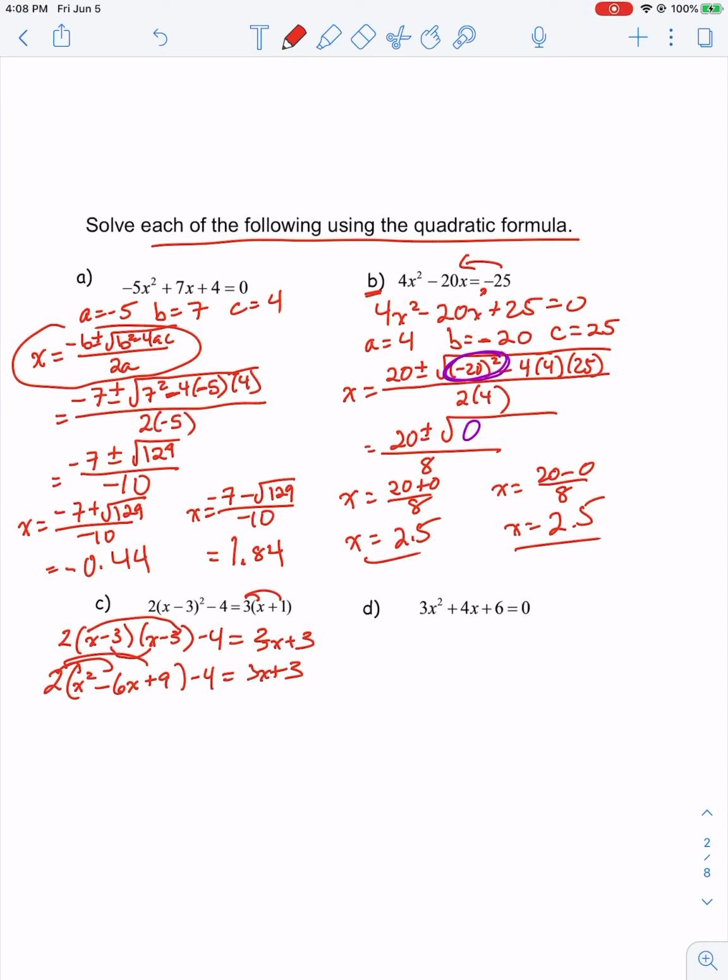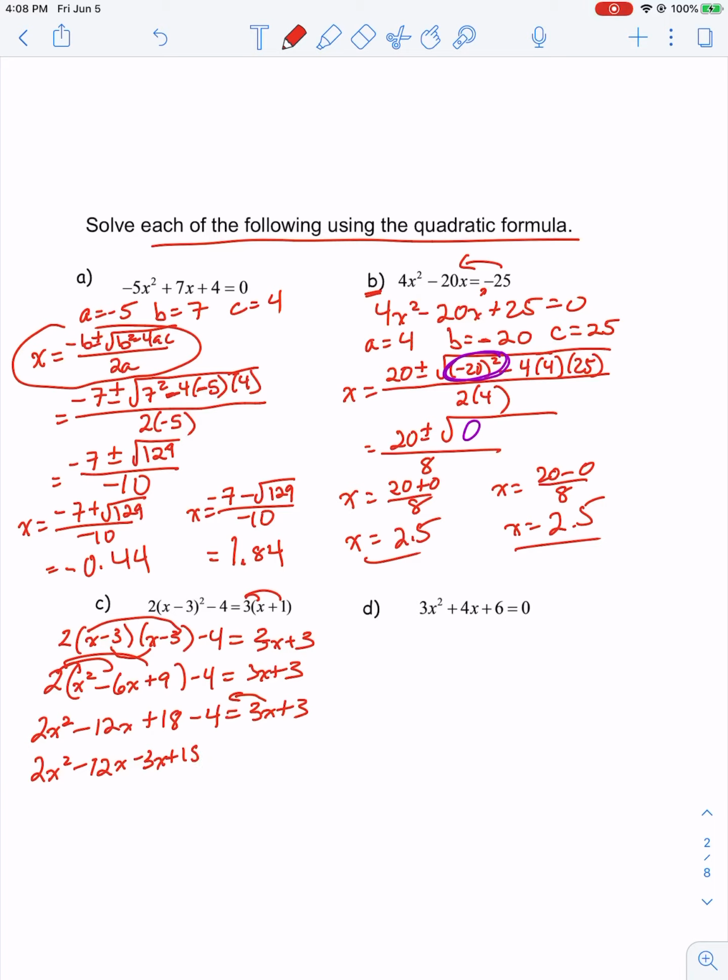Expand out this bracket, that gives you 2x squared minus 12x plus 18 minus 4 equals 3x plus 3. And now move everything over to one side of the equal sign and simplify. So that's going to be a 2x squared. We got a minus 12x and then a minus 3x when that comes over here.